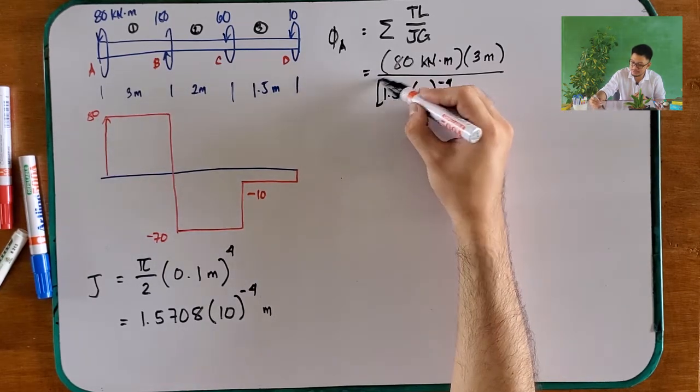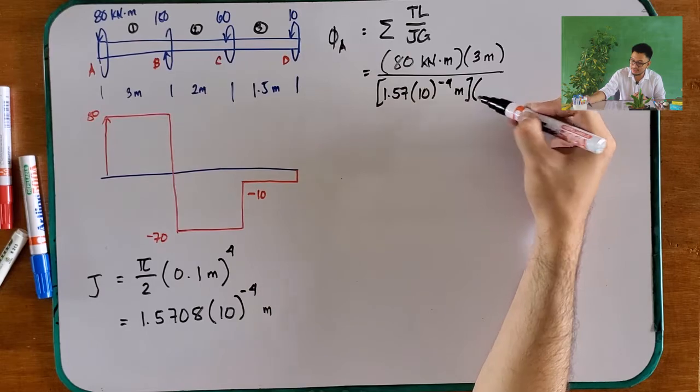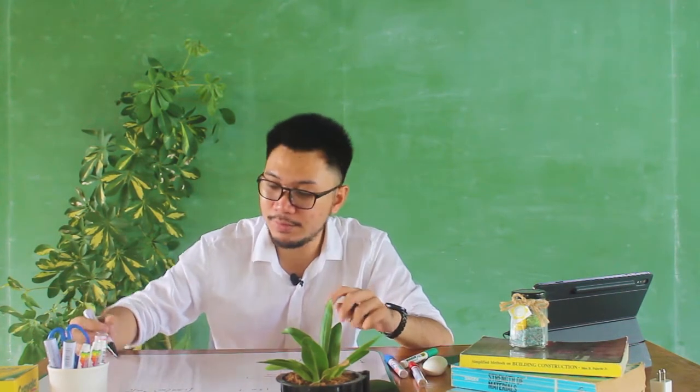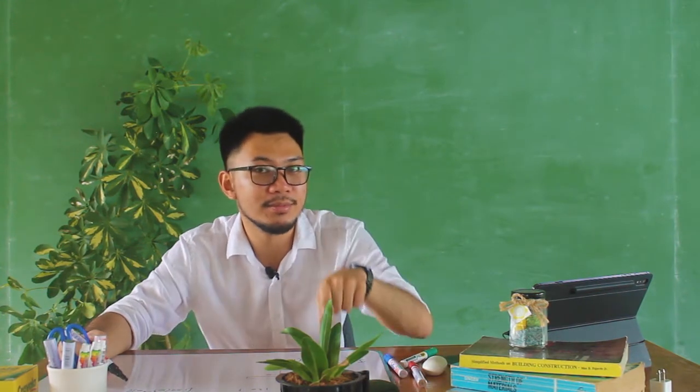This is your J. And your modulus of rigidity, which is given man ang type of material, which is A36 steel, and you can browse it on the internet or you can have it on our reference. And your G is found out to be 75 times 10 to the power of 9 Newton per meter squared.